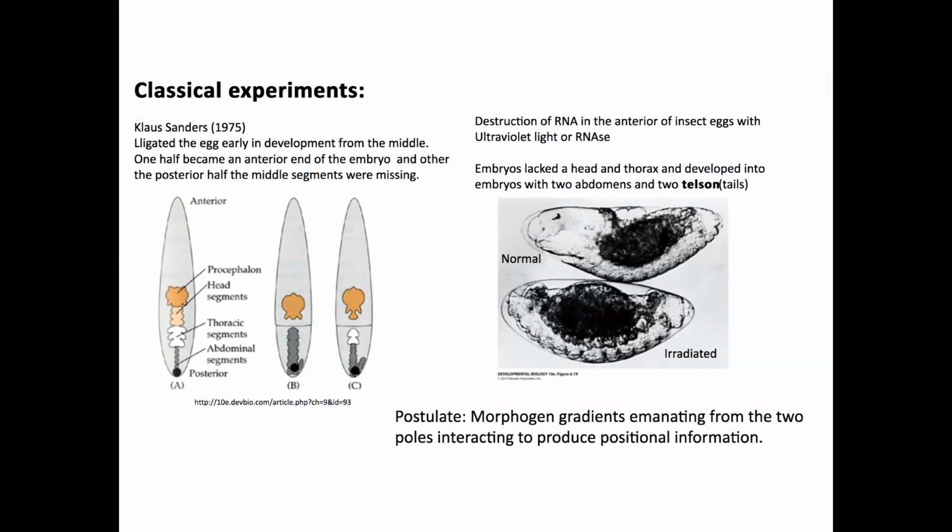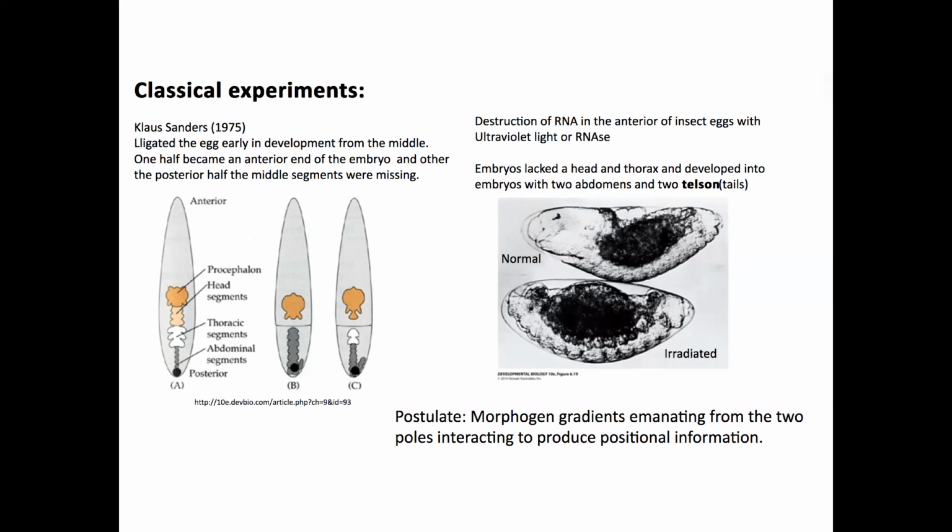What they found is that if they did it at the anterior end, the embryos lacked a head and a thorax, whereas if they did it in the posterior end, they lacked the tail and some parts of the abdomen. So it looked like the component giving rise to the identity was RNA.